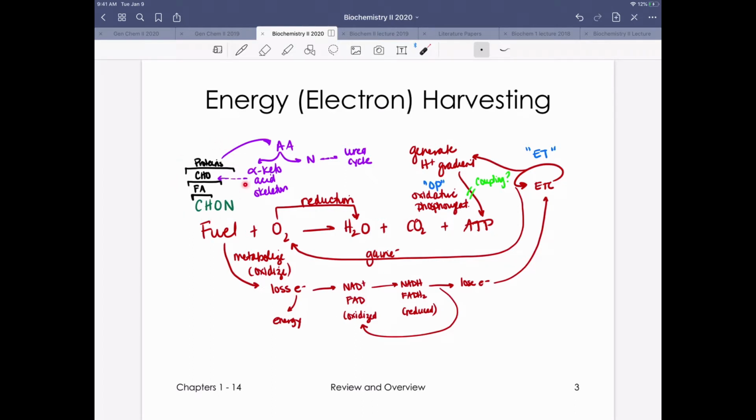So in the rest of the course, we are going to expand our understanding of fuel metabolism to not just be carbohydrates, which we've dealt with primarily thus far, with glucose through glycolysis and then pyruvate moving into the citric acid cycle.